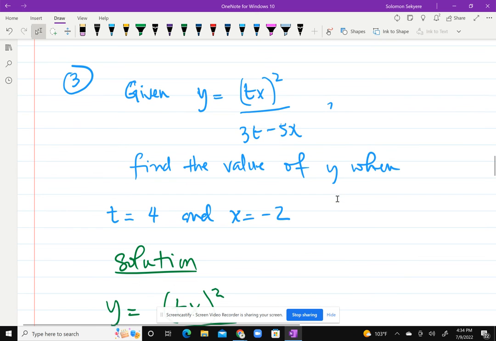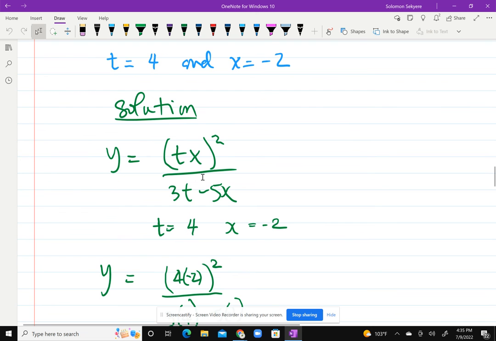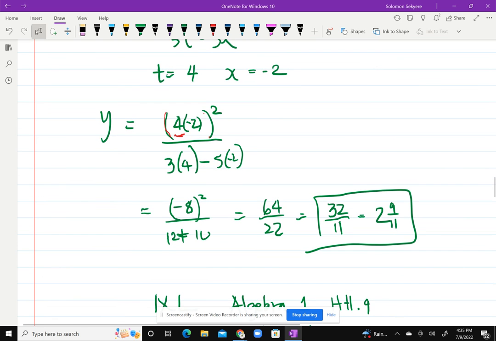All right, here is the last one. Given y equals (tx) all squared over 3t minus 5z, find the value of y when t equals 4 and z equals negative 2. Same thing here. We plug in the values we've been given using parentheses. So t is 4, so 4 times negative 2, with parentheses around it, and then square it. Then 3 times 4 minus 5 times negative 2.